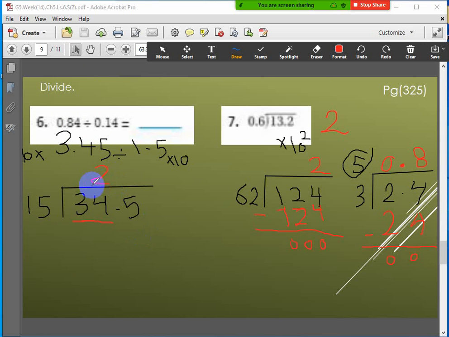So 2 multiply 15. Now you can hear me? I think you can. Yes, equals 2 multiply 5 equals what? Very good.